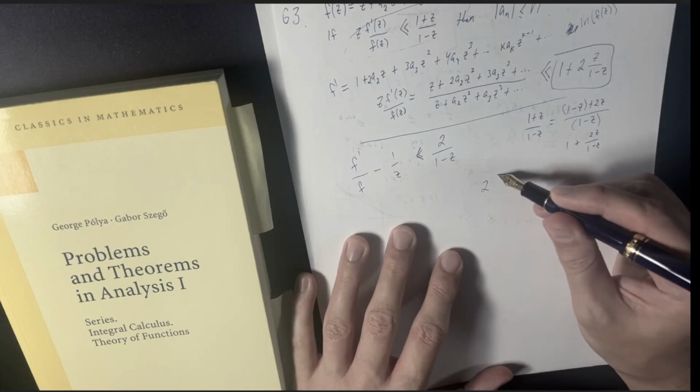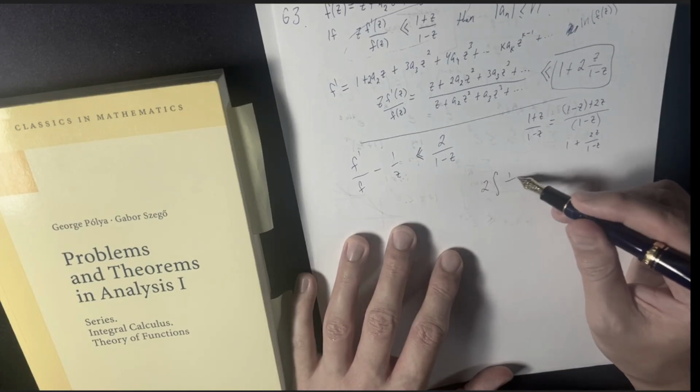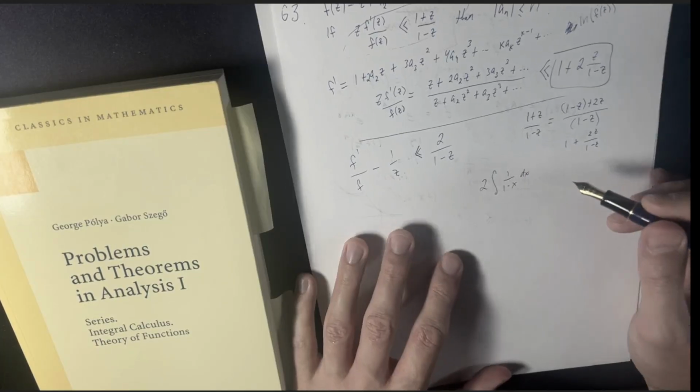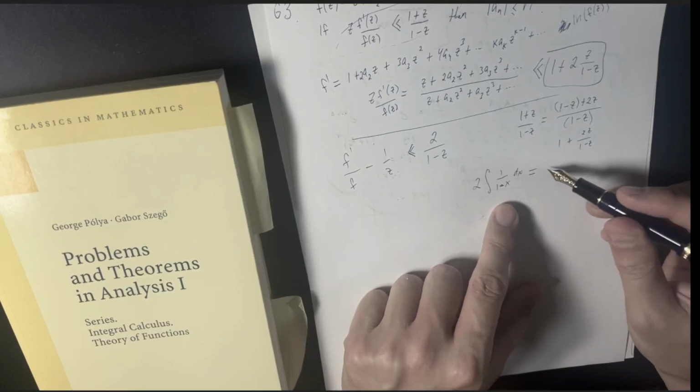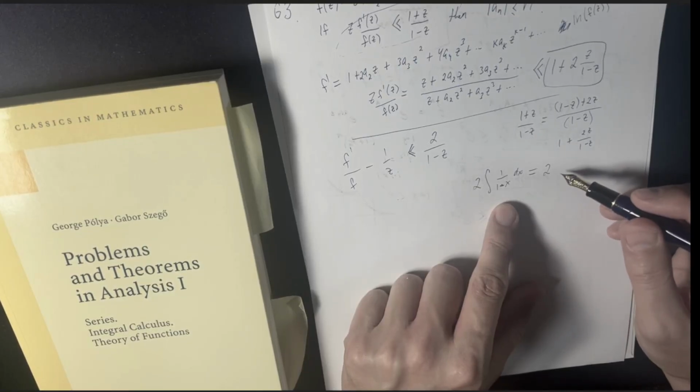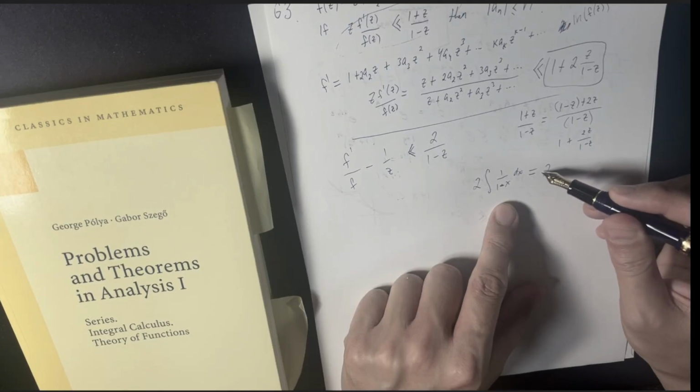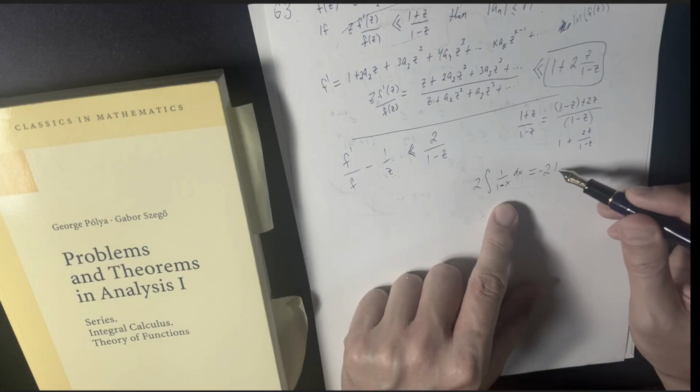So yeah, if we had two integrals of 1 over 1 minus x dx, what is that? It should be, is it negative 2 log? Yeah, why wouldn't it be this?